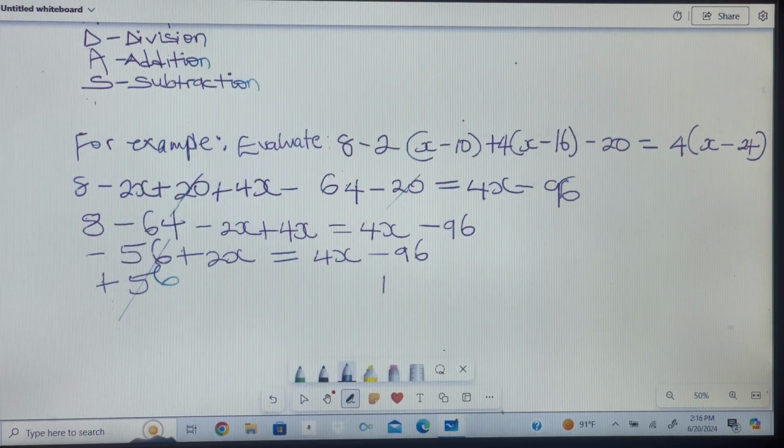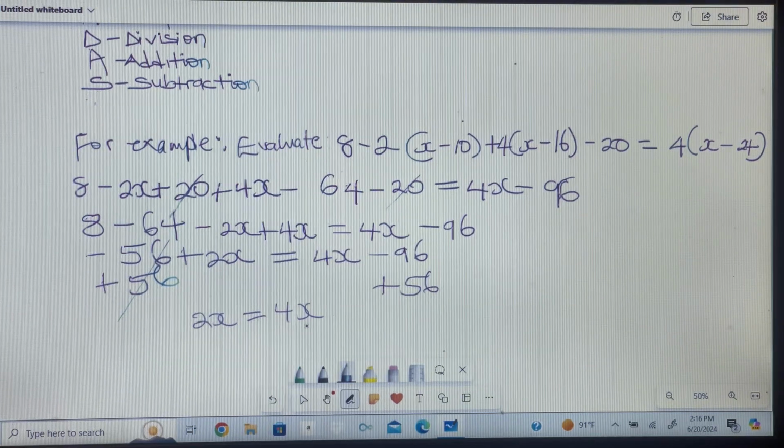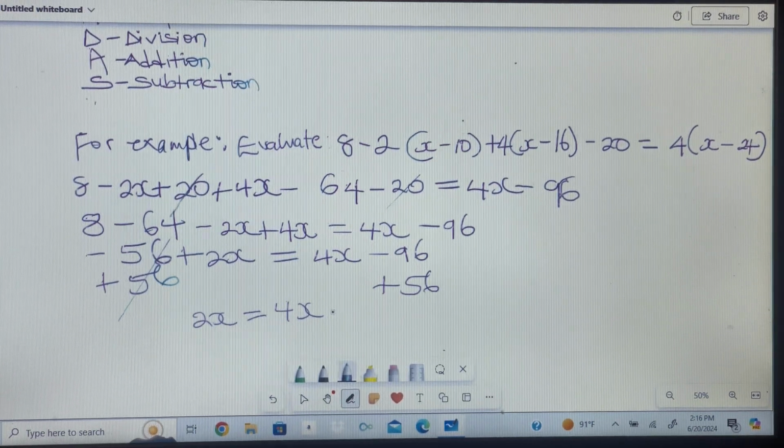Then plus 56 on the other side. We bring down the 2x, and 2x will be equal to 4x. Then 96 minus 56. They have different signs, so we keep the sign of the larger number, which is negative. Minus 96 is the larger number. We put the negative, then take the smaller number from the larger number. 96 minus 56 is 40.